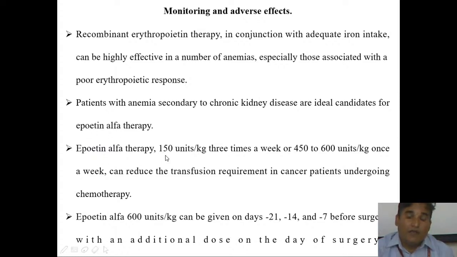Erythropoietin alpha 150 units per kg three times a week, or 450 to 600 units per kg once a week, can reduce the transfusion requirement in cancer patients undergoing chemotherapy. Or erythropoietin alpha 600 units per kg can be given 21, 14 and 7 days before surgery, with an additional dose on the day of the surgery.